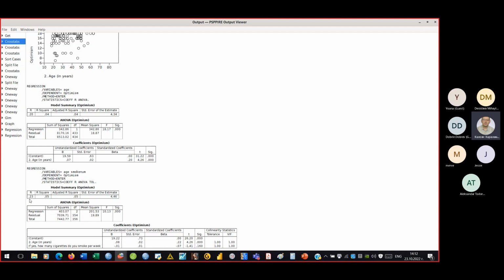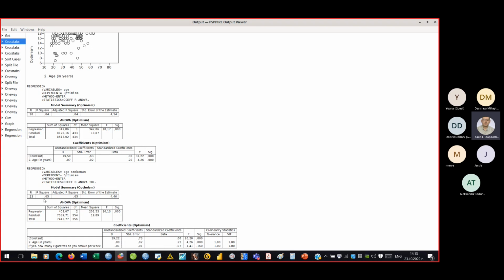So coefficient of correlation is 0.23, and coefficient of determination is 0.05 or 5%, and that means that 5% of the variance of optimism are explained by age and by numbers of cigarettes per week together.